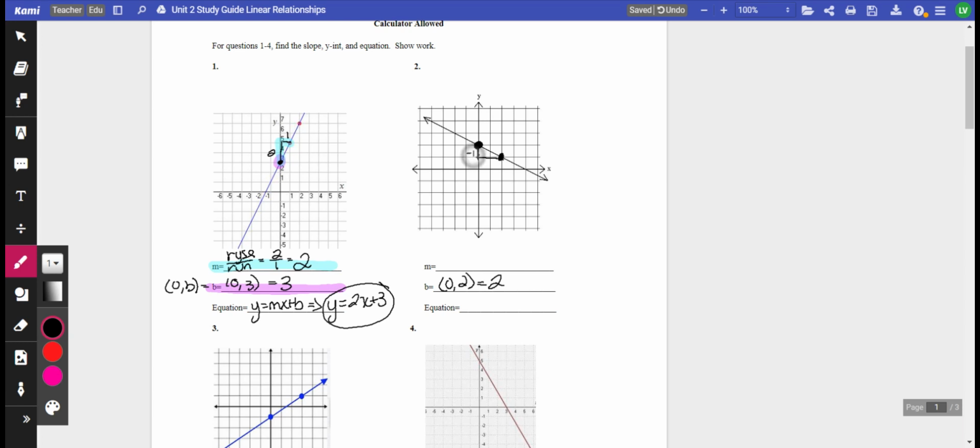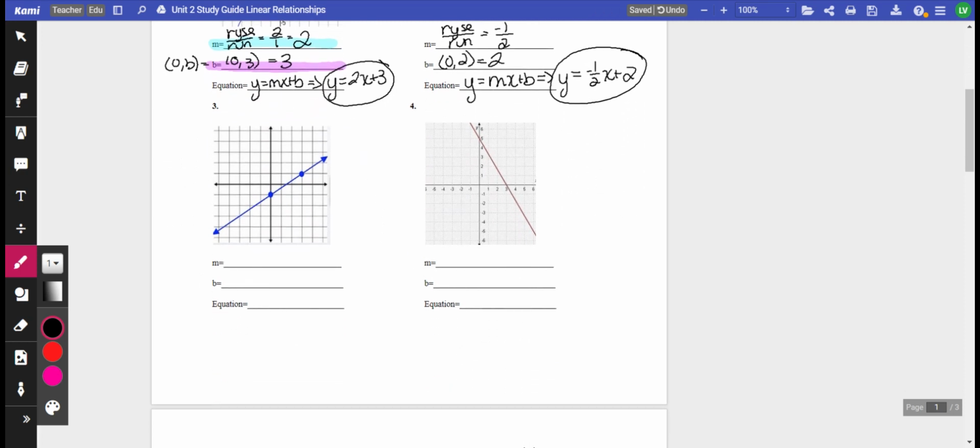To show going down, I'd use my negative number, and going right 2 is positive. So that means my slope, which again is rise divided by the run, is negative 1 divided by 2. So that's my slope. So my equation becomes y equals mx plus b. I'm replacing my m and my b values. So y equals negative 1/2 x plus 2.